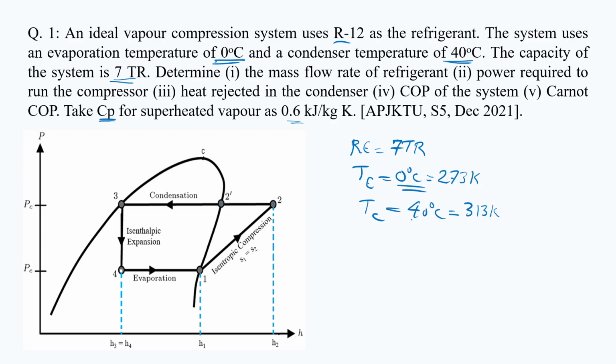So we need to take the properties of the refrigerant, that is R12, corresponding to 0 degrees Celsius and 40 degrees Celsius from our standard data book. For my purpose, I am taking the data from Domkundwar.